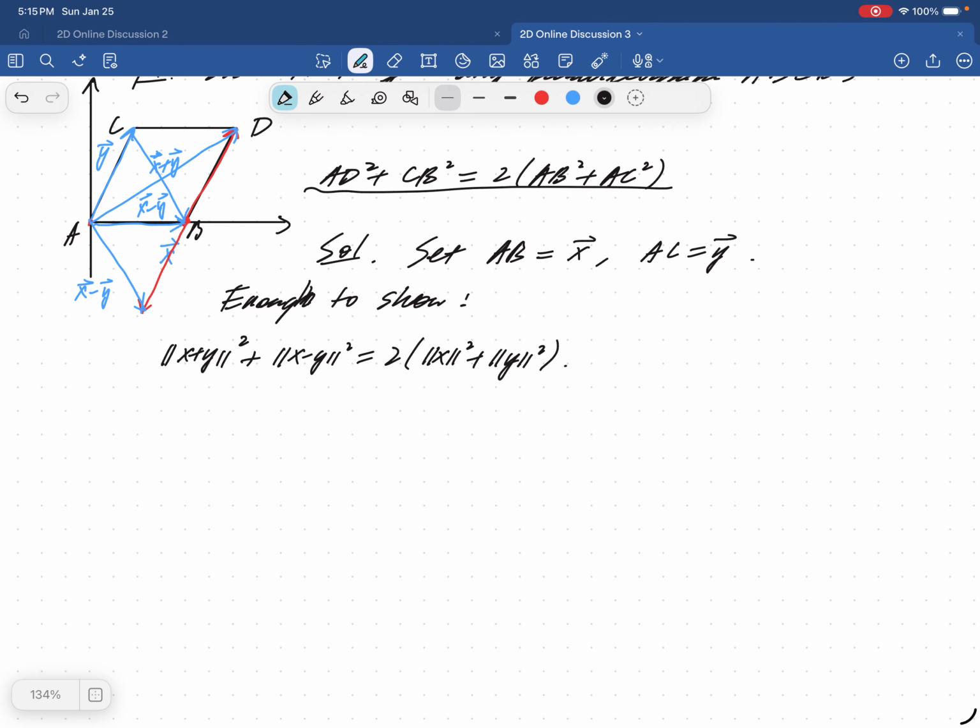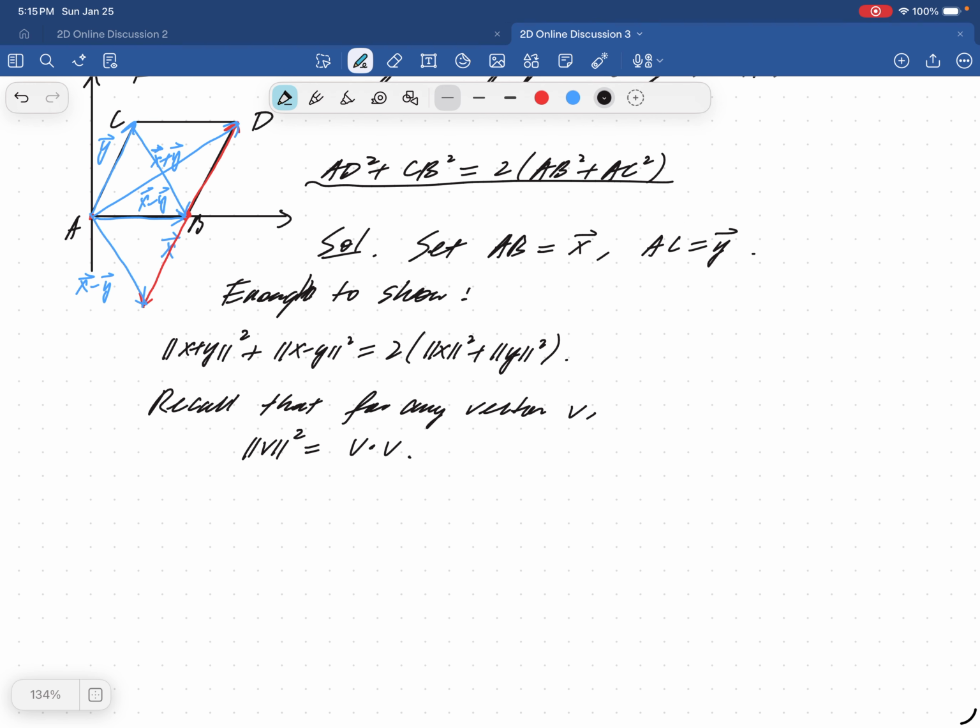Recall that for any vector v, the length squared of v is equal to v dot v.